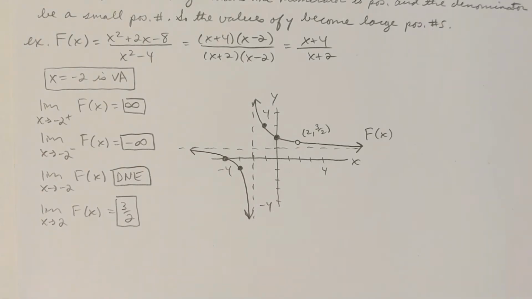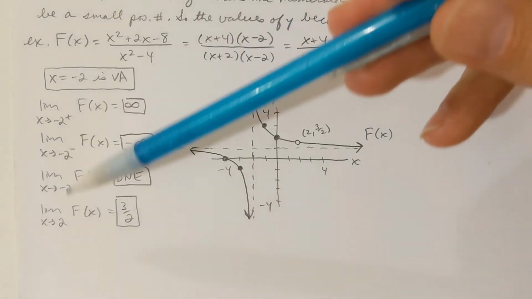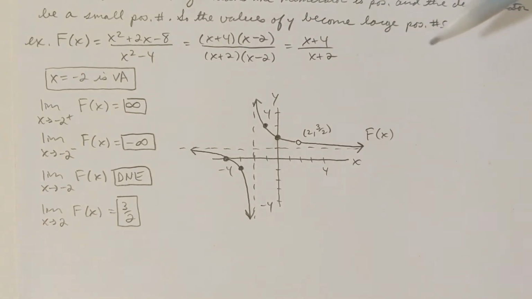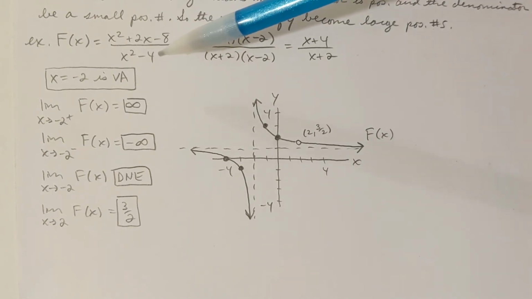Okay, f(x) is (x² + 2x - 8)/(x² - 4). I have written down some limit calculations that I'd want us to compute here. Now, be careful with identifying the vertical asymptotes, okay? 2 and negative 2 are not in the domain of f.